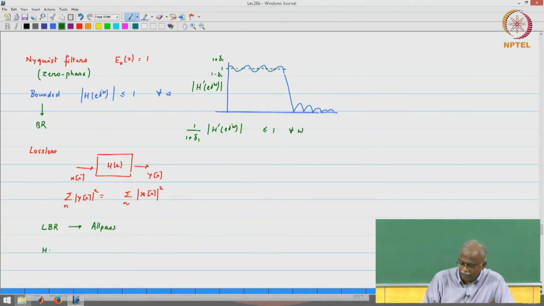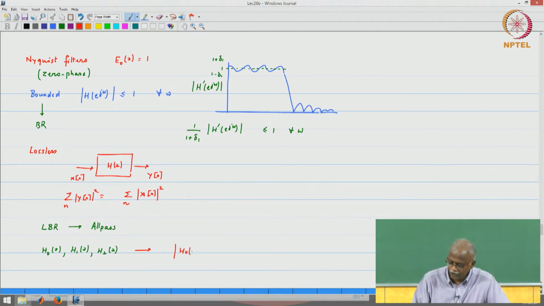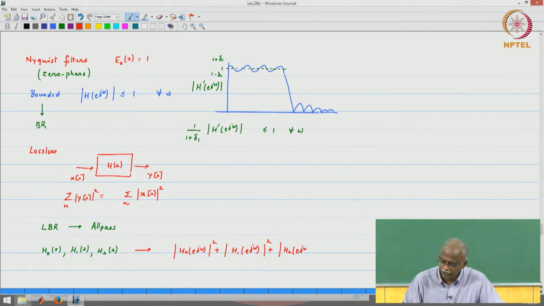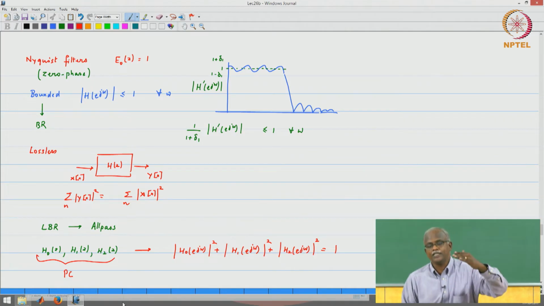So this is if you have, for example, H0(z), I am just going to write a different example from what we considered in the last class, H1(z), H2(z), and these satisfied the following condition: |H0(e^jω)| squared plus |H1(e^jω)| squared plus |H2(e^jω)| squared is equal to 1 or a constant, then this set is said to be power complementary. That means wherever one of them is large, the other ones will have to be small, so that they add up to the constant value.